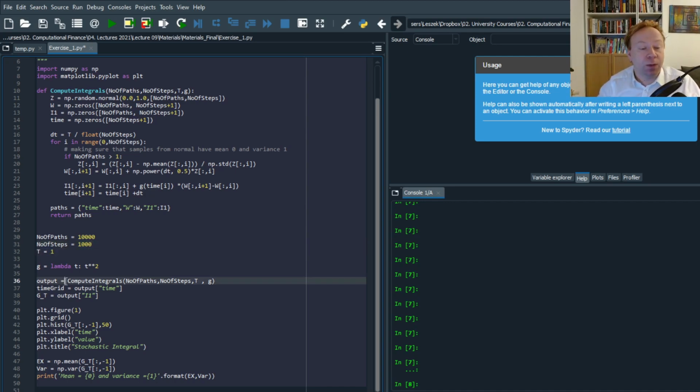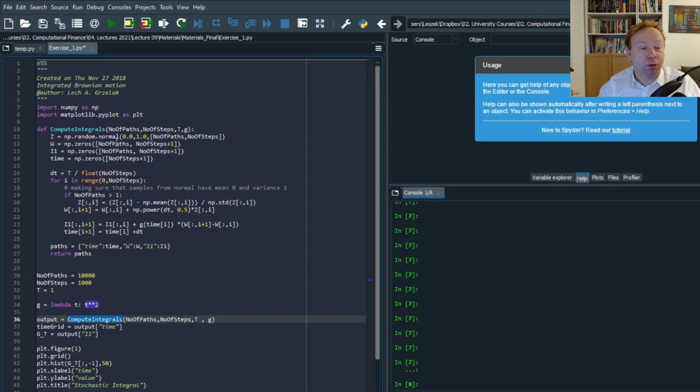Then the time horizon, and a function, a lambda function t squared, which is what we have here. For the computation of the integral, again, we define random numbers, so those are independent increments. The integral and W are just empty matrices. We have some running time argument, dt, so depending on the number of time steps, essentially a different delta t.